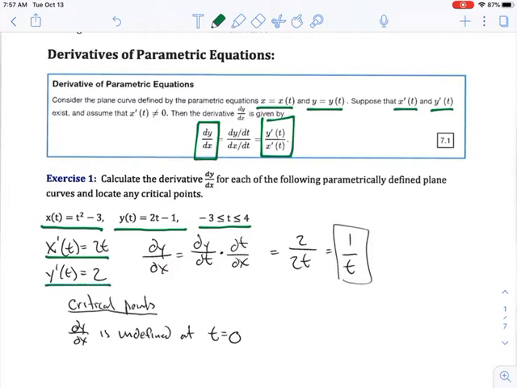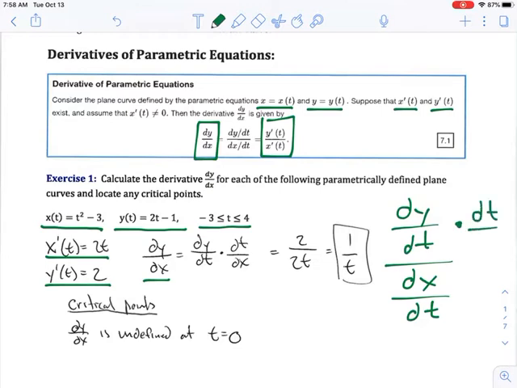So pretty simple derivatives. Well, then using the formula from up above, dy/dx is simply dy/dt divided by dx/dt, but I usually like to skip that part and go right to multiplying the numerator by the reciprocal of the denominator.